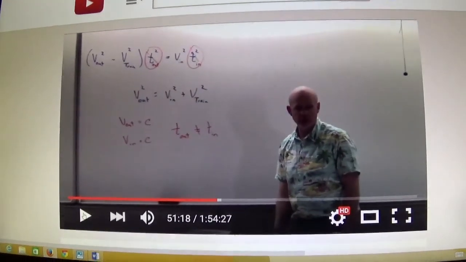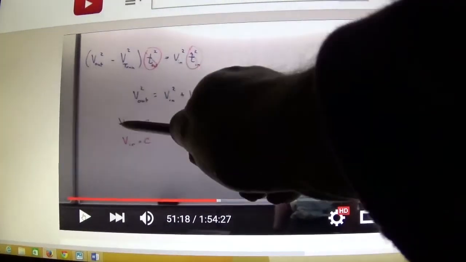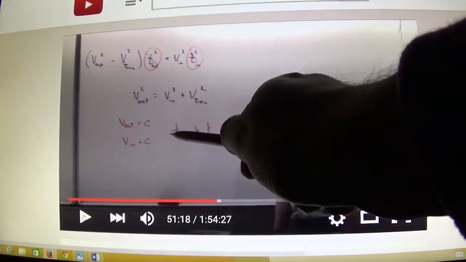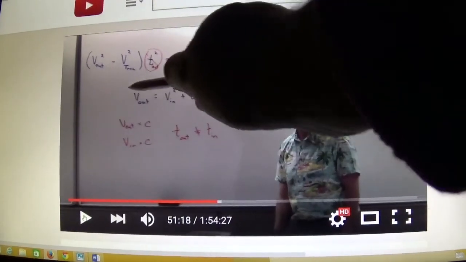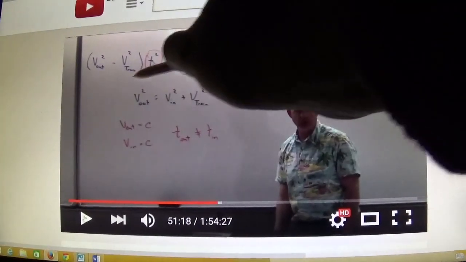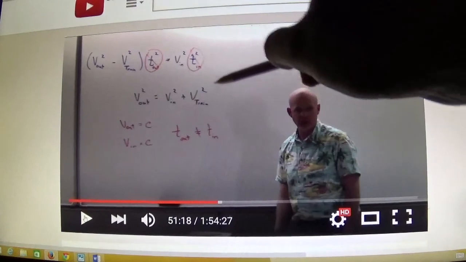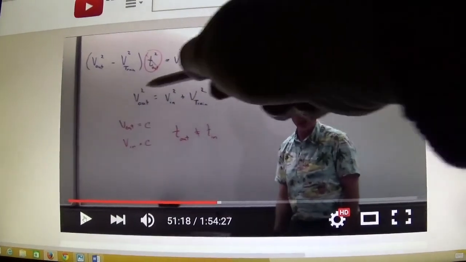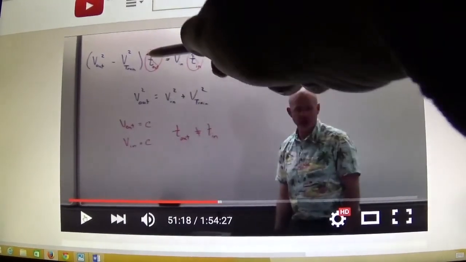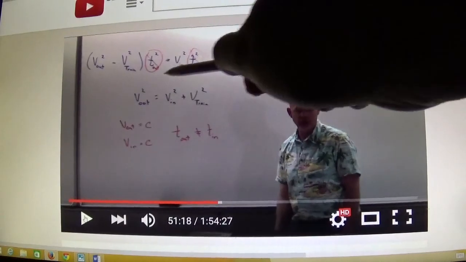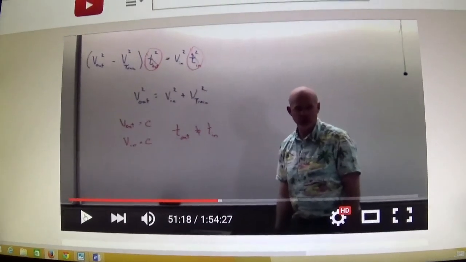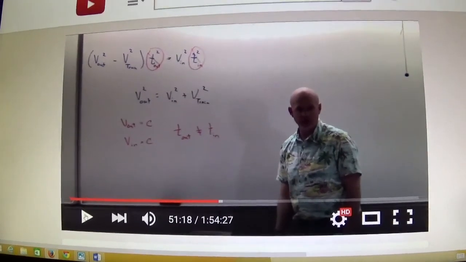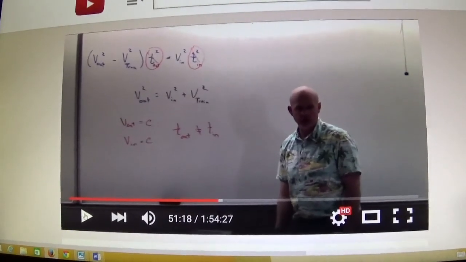But Einstein is going to say V out equals c, V in equals c, and T out does not equal T in. So they wouldn't use that equation anymore. That equation is not used anymore, and T out and T in are different. So that's the connection between Einstein and Newton.